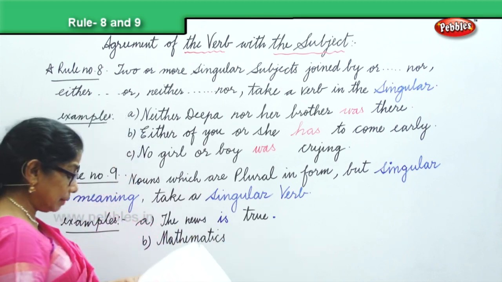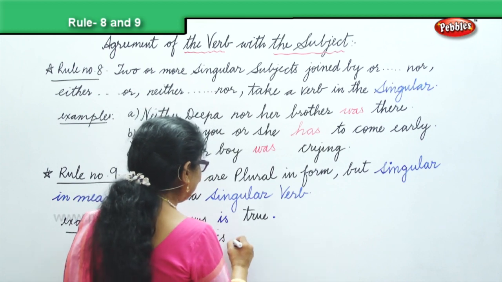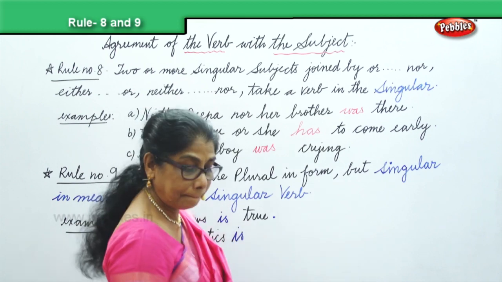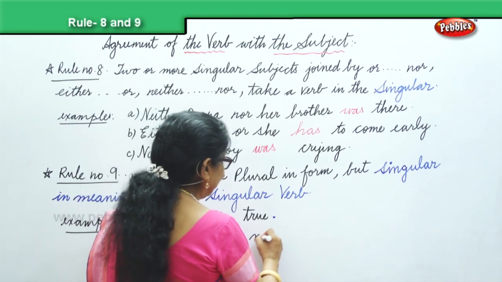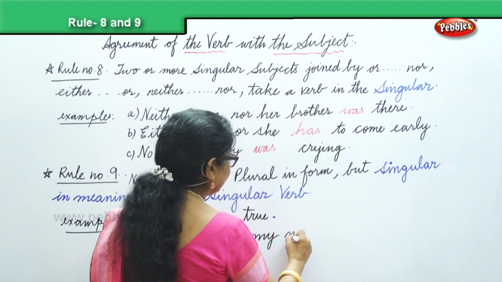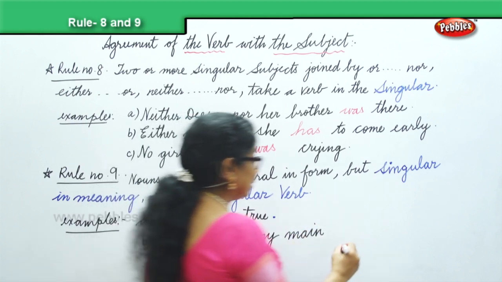Mathematics is, what verb? Singular form of verb. Mathematics is my main subject.